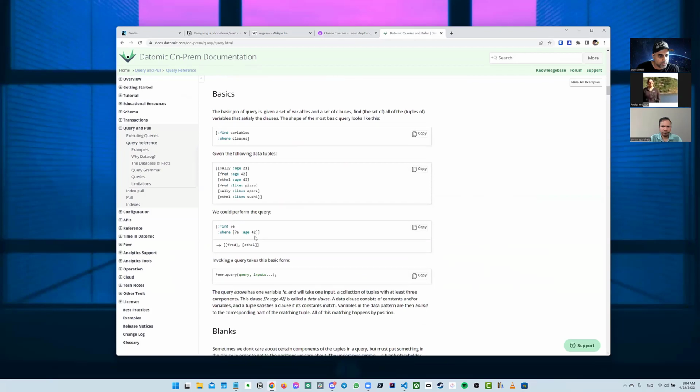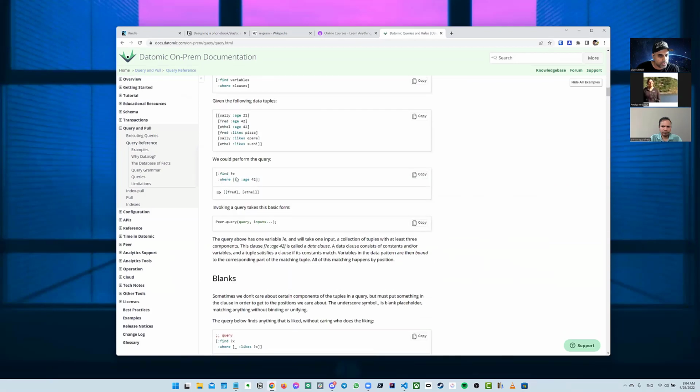These are basics. So find an edge where edge is equal to 42. So E, find my variable, and then look for an input with tuples with at least 3 components. So here's the tuples with the 3 components, right?